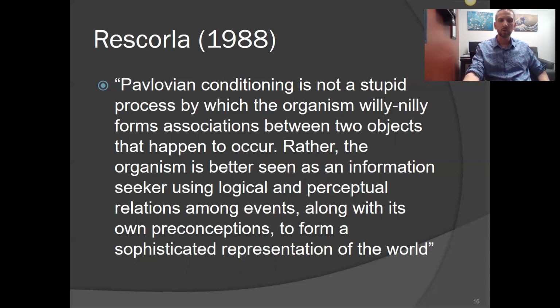Rather, the organism is better seen as an information seeker using logical and perceptual relations among events, along with its own preconceptions, to form a sophisticated representation of the world. Again, I love this because classical conditioning sounds like we're just brainless machines that have to connect CS and US, and it sounds so dull, to be honest. But this is suggesting we're trying to predict what's going to happen next, right?